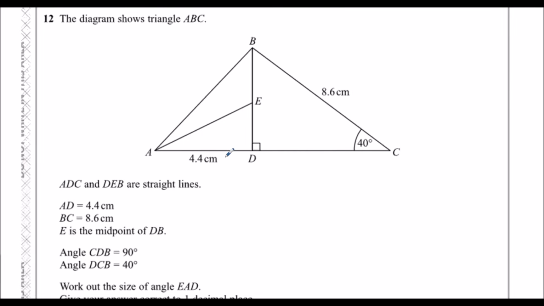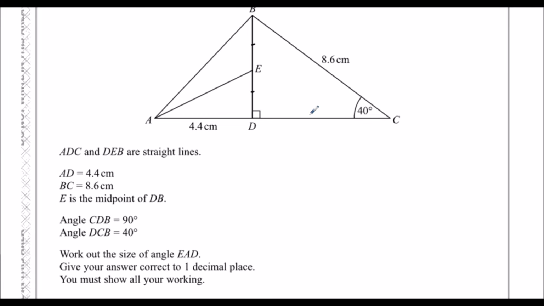E is the midpoint of DB. So E is in the middle here. And we've got a 40-degree angle and a 90-degree angle shown on the diagram as well. Work out the size of angle EAD. EAD, this angle here. That's what we're working out.